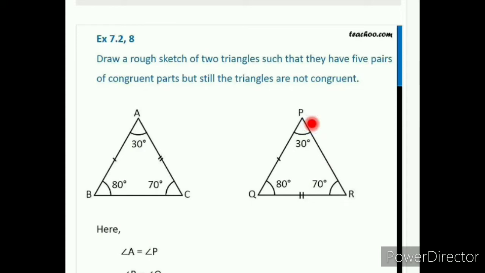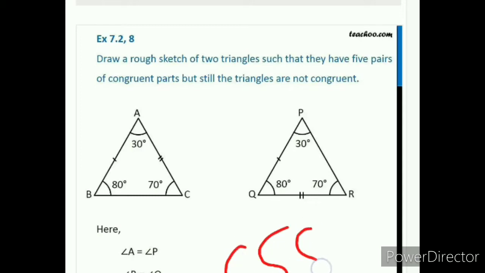And angle B is 80 and angle Q is 80, so these two are equal angles. And angle C and angle R are 70, so these two angles are equal. And about sides, side AB is equal to side PQ. We'll verify all the 4 criteria now.